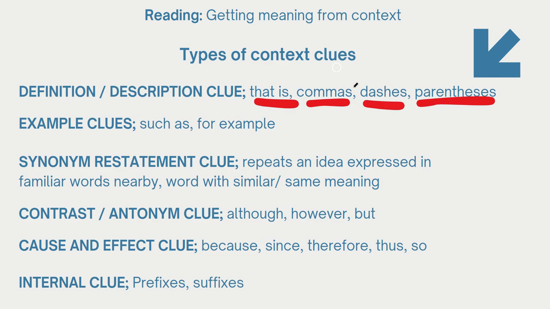And also punctuation marks like commas, dashes, and parentheses that I mentioned earlier. And next is the clue which shows examples. We call them example clues. And here are keywords. Actually, there are many more, but I try to guide you with the ones you are familiar with, such as, for example.